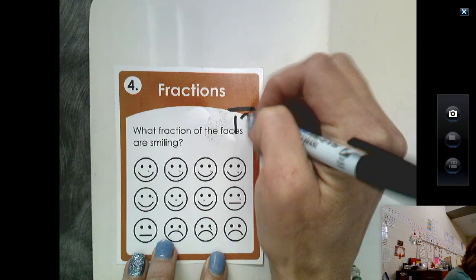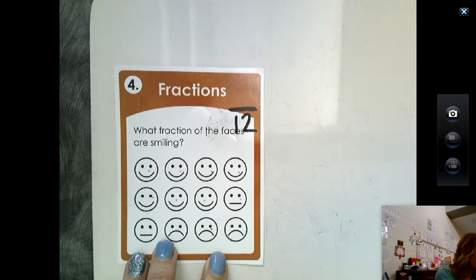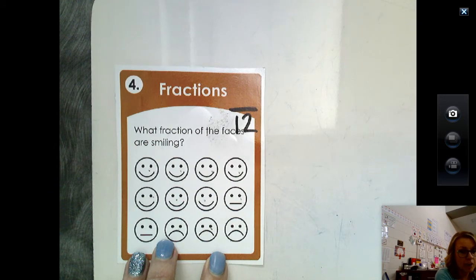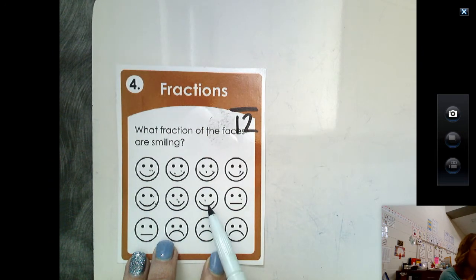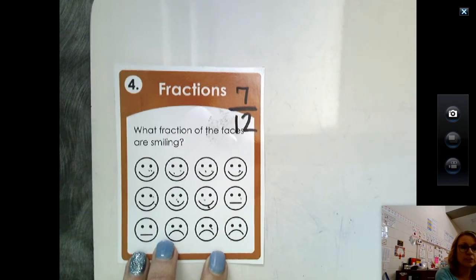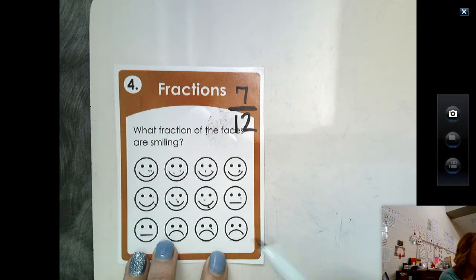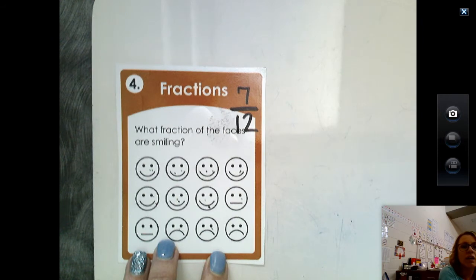I have 12 total faces. And they want to know what fraction of the faces are smiling. So now I'm going to count my smiling faces. I have 1, 2, 3, 4, 5, 6, 7. 7 faces smiling. So 7 goes on top. So 7 out of 12 of my faces are smiling. So my fraction will be 7/12 of the faces are smiling.